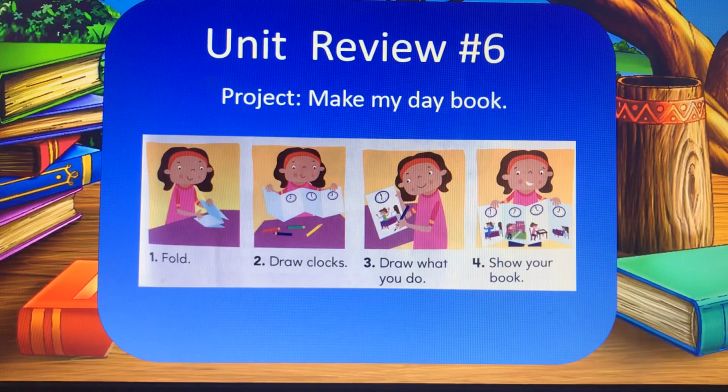Try to use chronological order. That way, this project looks like a timeline. Step number 3, you will start drawing your activities that you do at those times. And in step number 4, you will show me your project.